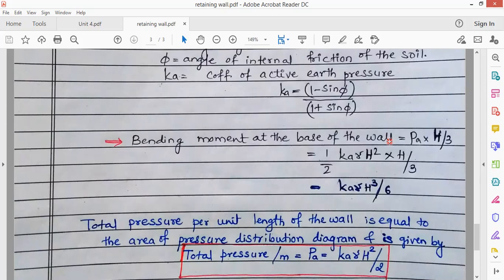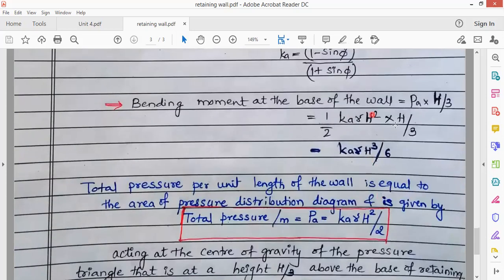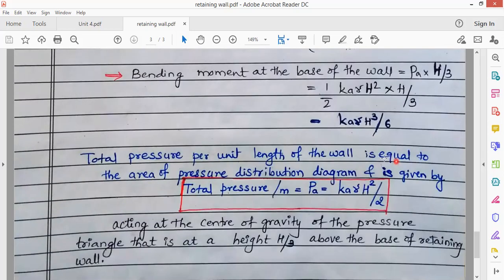The force is the area of the triangle, half into base into height. So it is half Ka into gamma into h square into h by 3, because it is acting at one third of the total height of the retaining wall. So the bending moment is equal to Ka into gamma into h cube by 6.